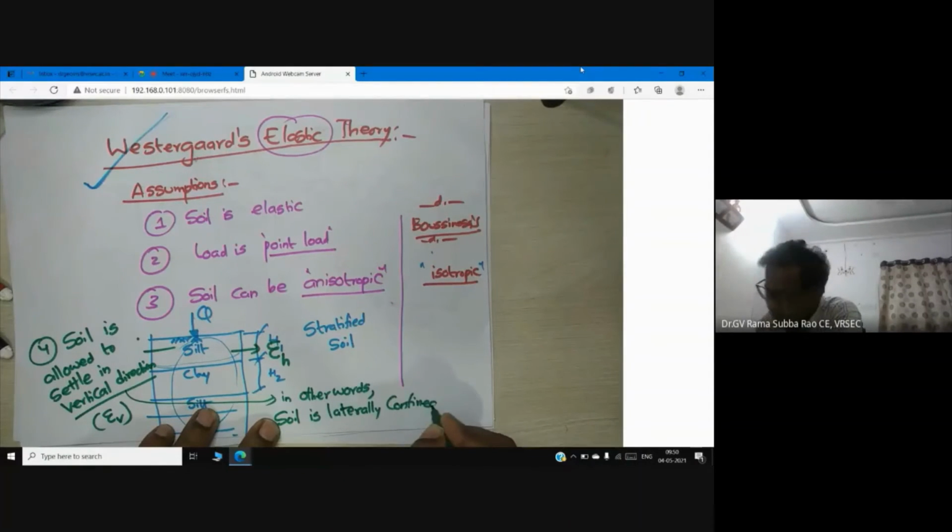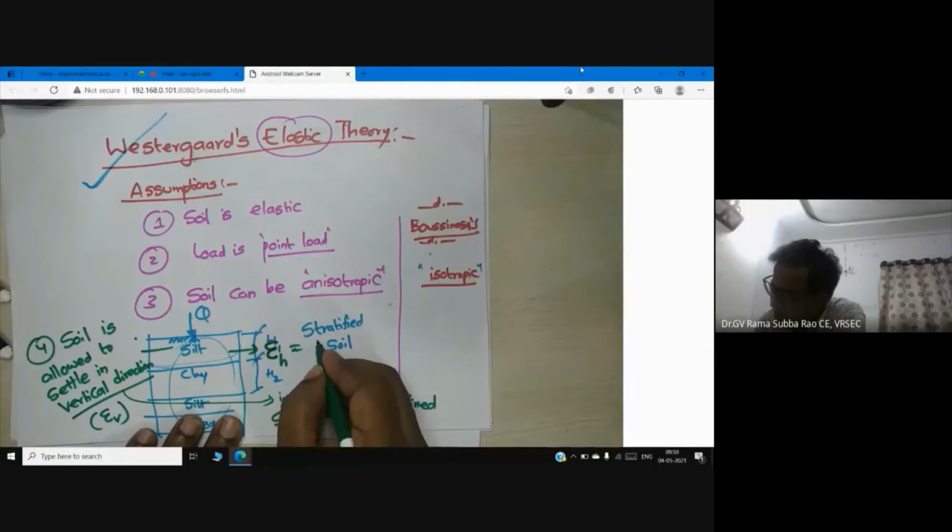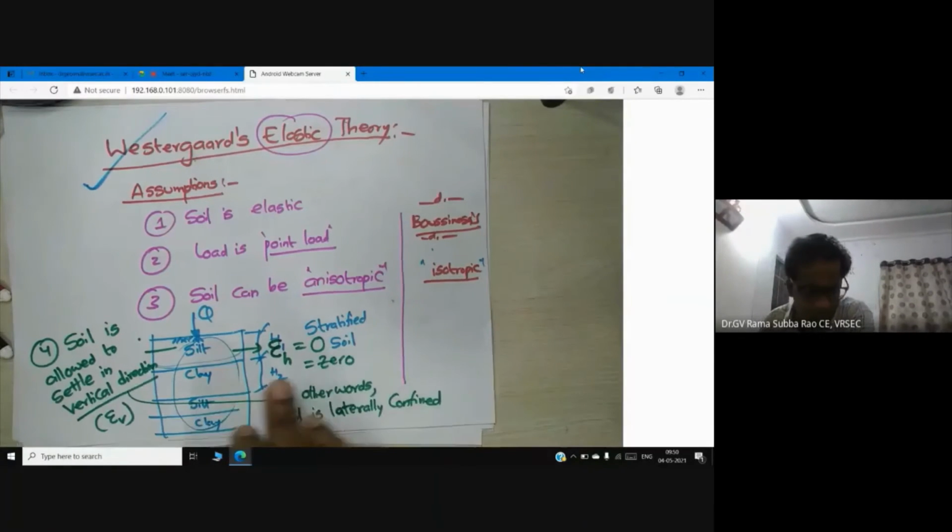That means soil is not allowed to move in horizontal direction. So now, what is the value of horizontal strain? It is going to be 0.